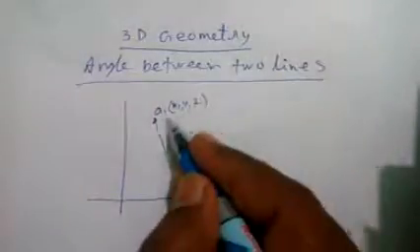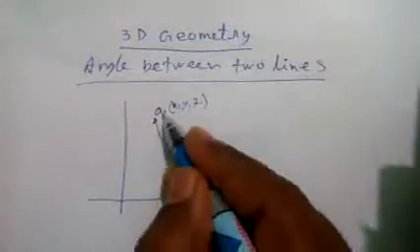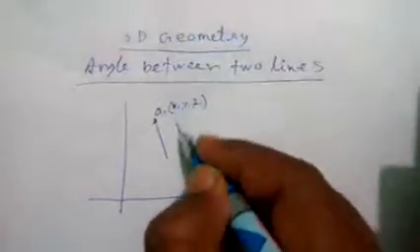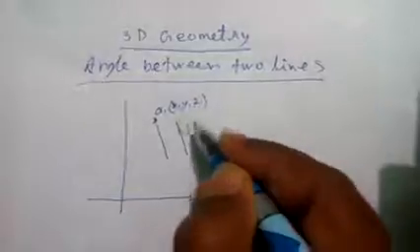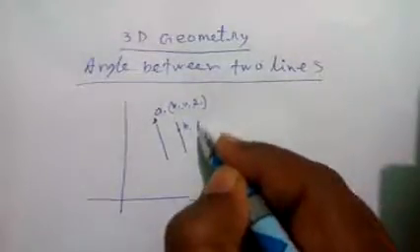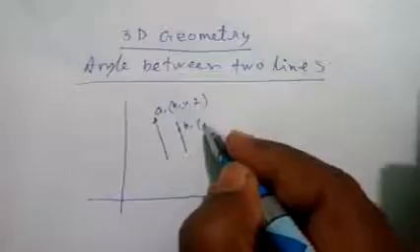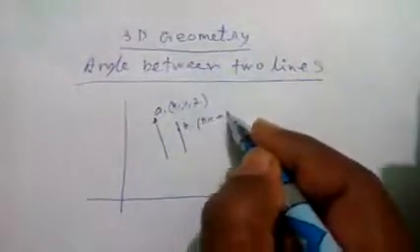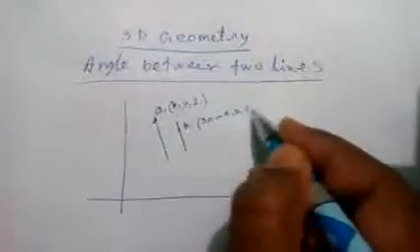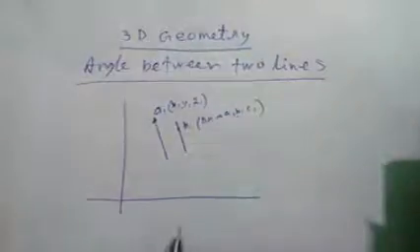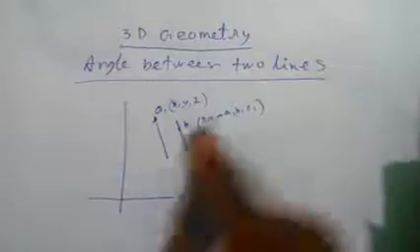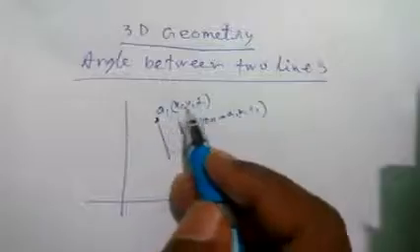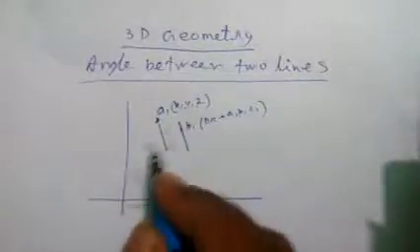This line is also parallel to a given vector, that is b1, and its direction ratios, DRs, are a1, b1 and c1. Now these are the direction ratios, and this is the point whose actual coordinate is x1, y1, z1.